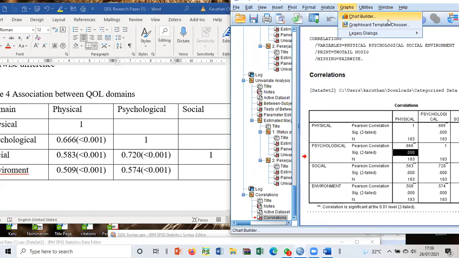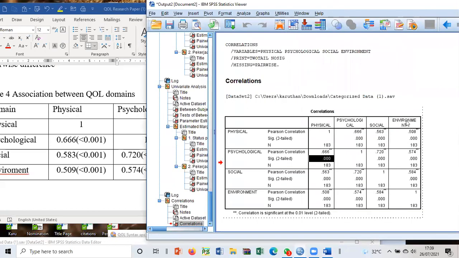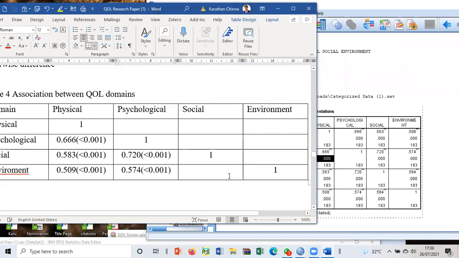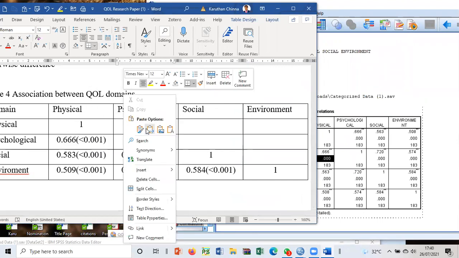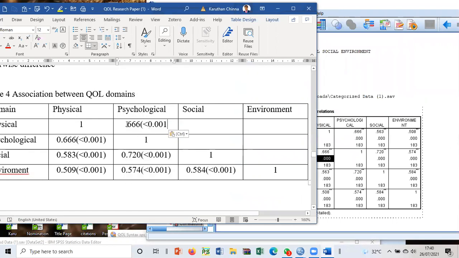Last one is social and environment, 0.584. All right. So I don't fill up this part because it's the mirror image of this. If I do fill up, this will be here. That's all. So why duplicate so many things? This one side is enough.